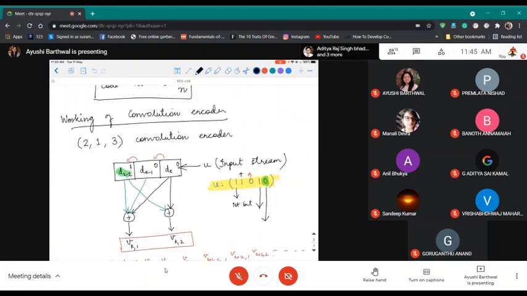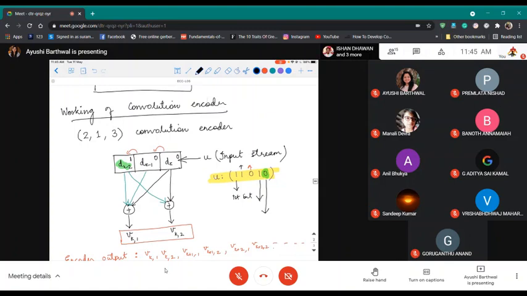Now again, this is the last bit that we are talking about. Still, it is at the dk minus 2 place. It has to propagate. Again, we'll be shifting it by 1 bit. And this 0 will come here.